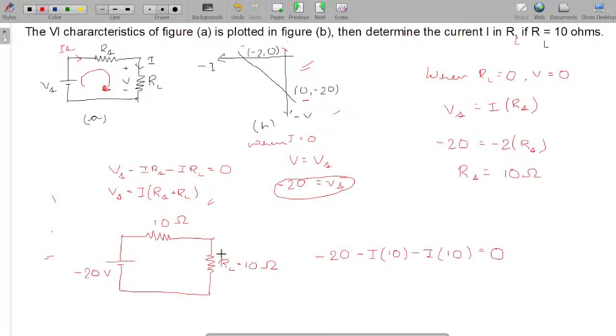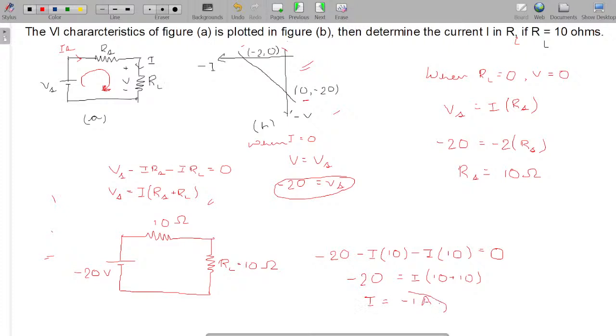The net voltage drop across a loop would be 0, right? So can I write minus 20 equals I times 10 plus 10, that would be 20, right? Again, so can I write I equals minus 1 ampere?